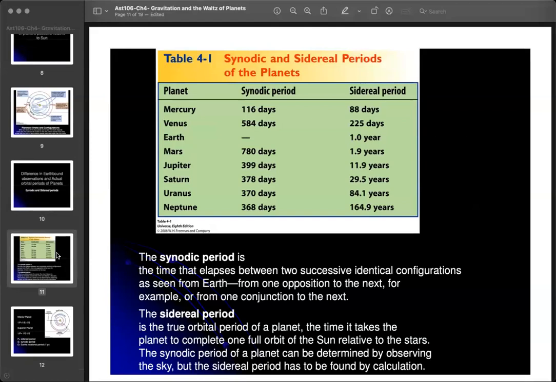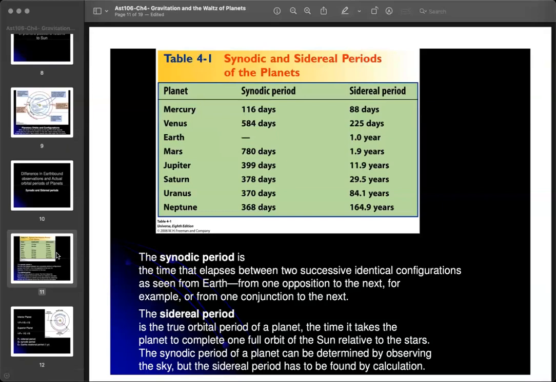For example, for Mercury, the sidereal period is 88 days. That's how long it takes to go around the sun. For Venus, it's 225 days. For Earth, it's 1 year. Mars is 1.9 years. Jupiter is 11.9 years. As you keep going to the bigger and bigger orbits, the period just keeps on increasing for two reasons.